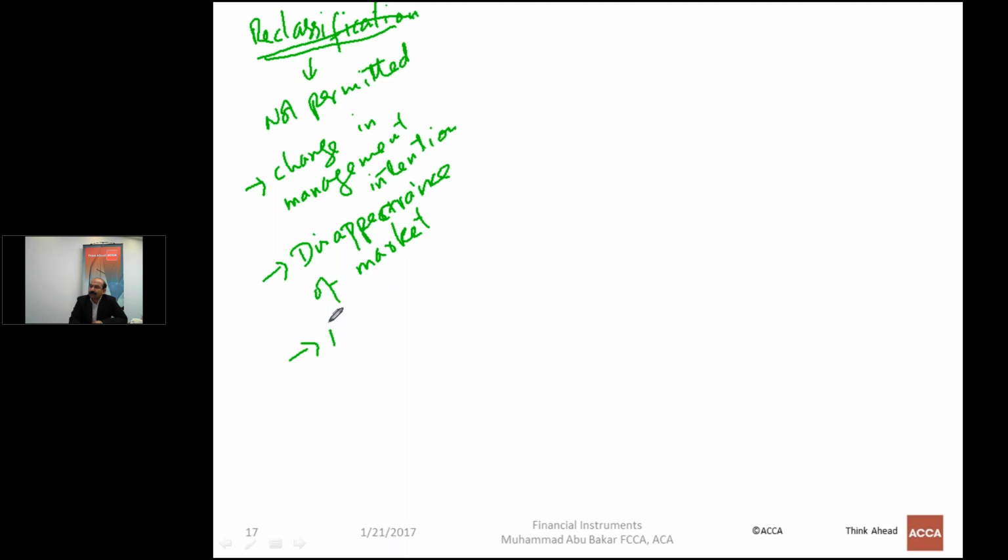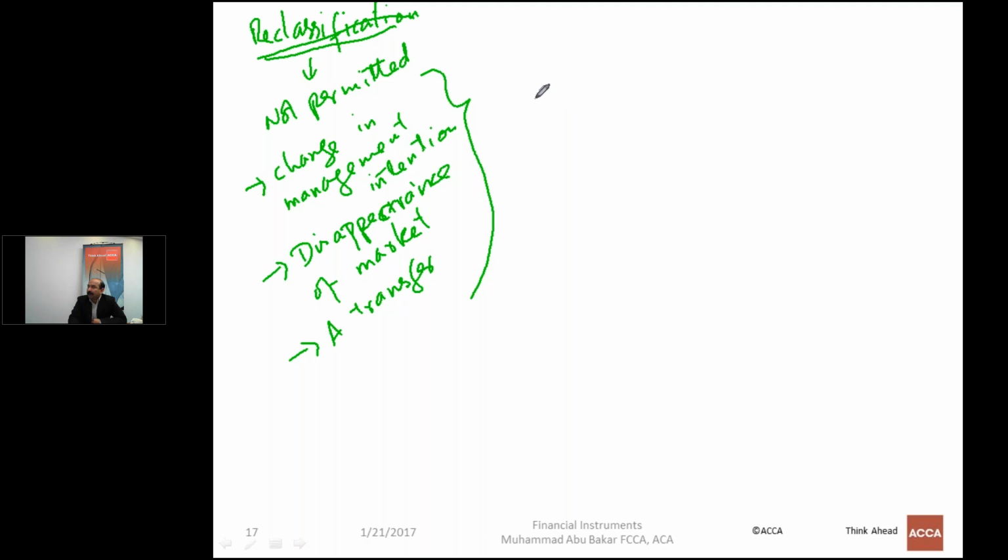And number three, a transfer of a financial asset between parts of the entity with different business models. So you should not reclassify. In these three situations, reclassification is not permitted.